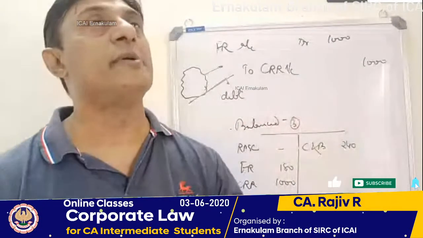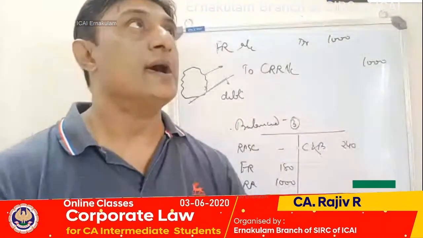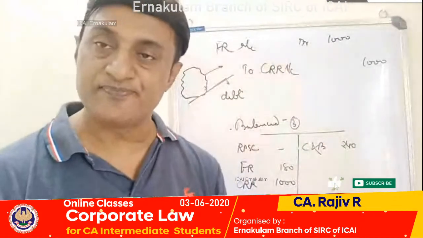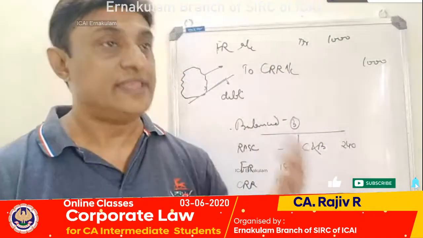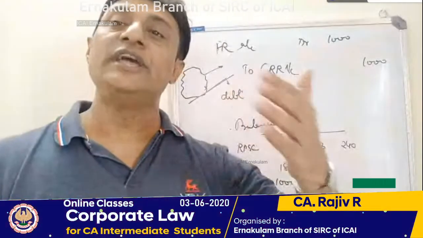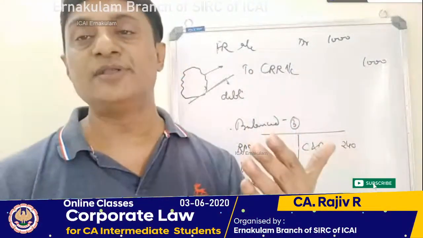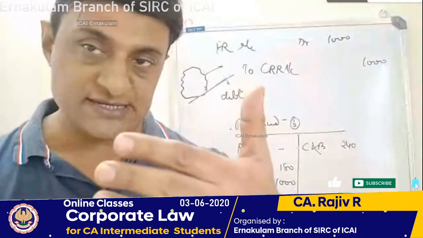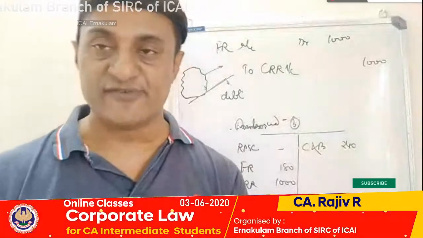Let me see if I remember the condition I've written. When the redemption of capital is funded out of existing free reserves of the company, then an amount equivalent to the face value of the capital redeemed shall be transferred to a separate account called the capital redemption reserve account.